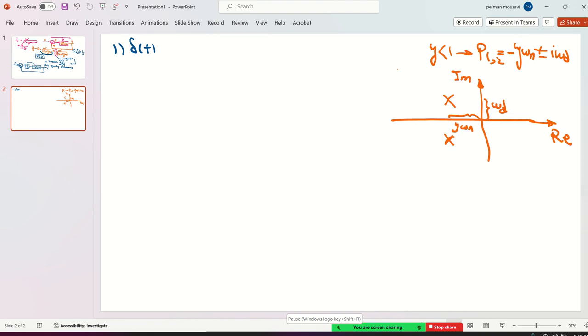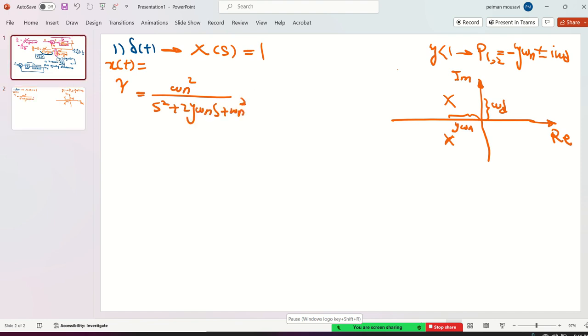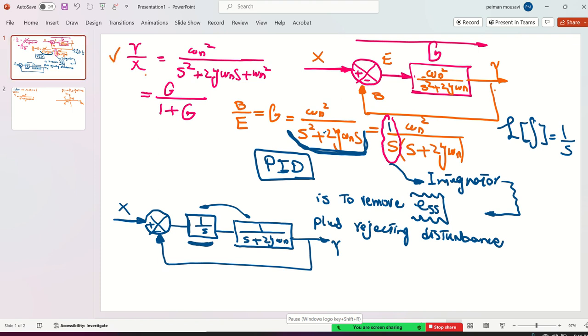So if that's the case, x of t is an impulse. X of s, now you know, is 1 in the frequency domain. So your y is going to be omega n square over s square plus 2 zeta omega n s plus omega n square. I just copied from here; X is 1.